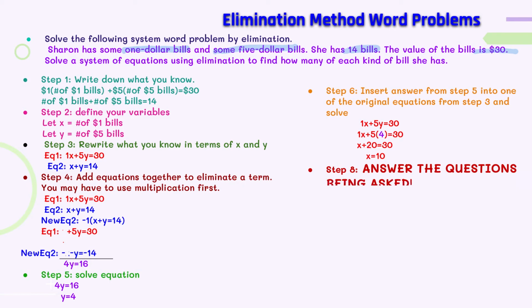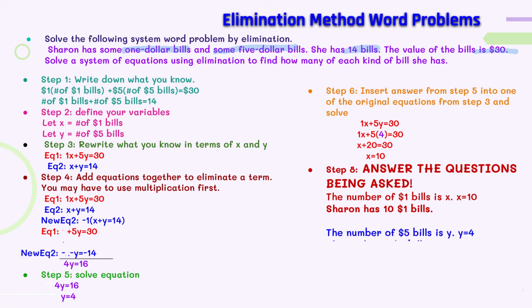Step 8 is answer the question being asked. The number of $1 bills is x. X is 10. Sharon has 10 $1 bills. The number of $5 bills is y. Y is equal to 4. Sharon has 4 $5 bills.